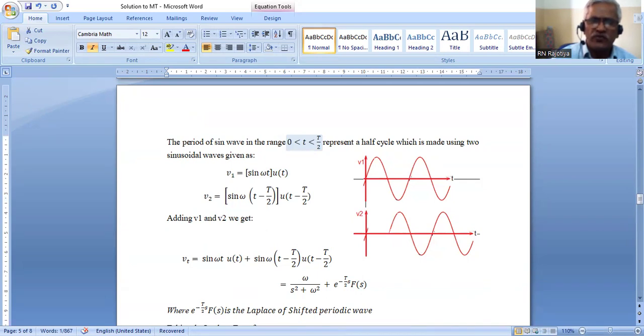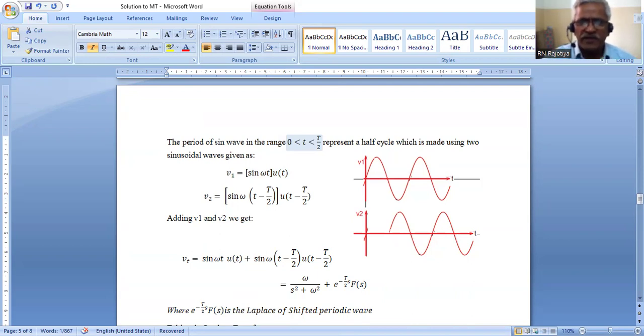So you can see if you add them, this will get cancelled with this one, this will get cancelled with this one, and so on. So if you add these two signals, let's say this is y1(t) and this is y2(t), you will get y(t), a signal which is just a signal from 0 to T by 2. And you are asked to find out the Laplace of this one.